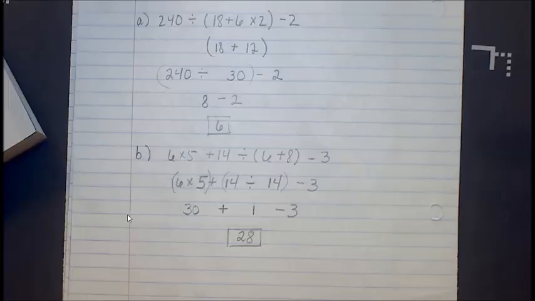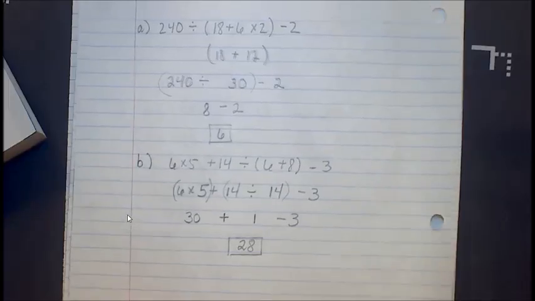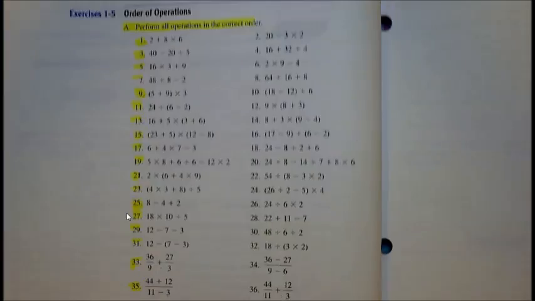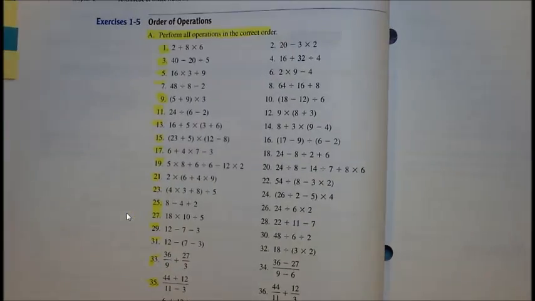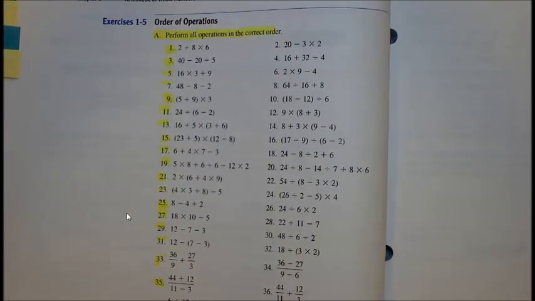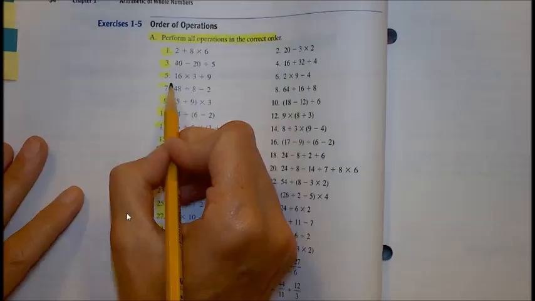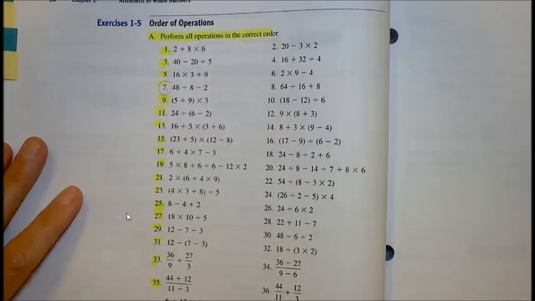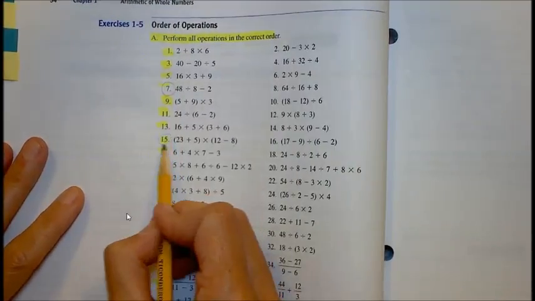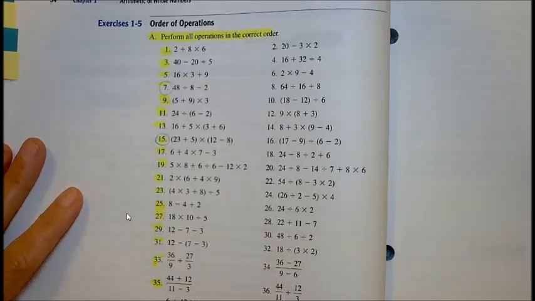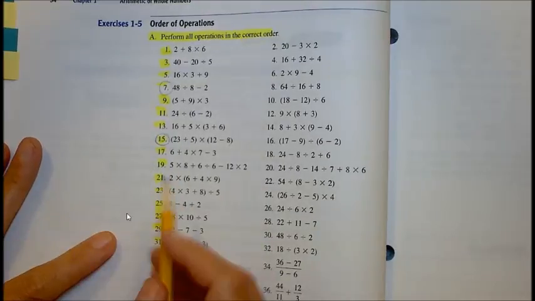So the next section that I wanted to do, if we go to page 54 in your book, now I've got them all highlighted. I know we're not going to do them all, but let's pick out some of these that I think would be appropriate to get started on. Let's pick out number 7, number 15, and number 23.